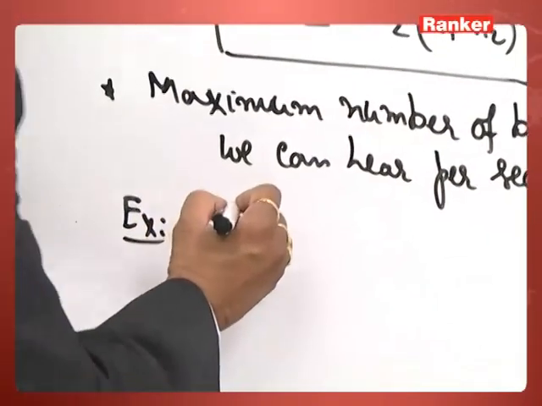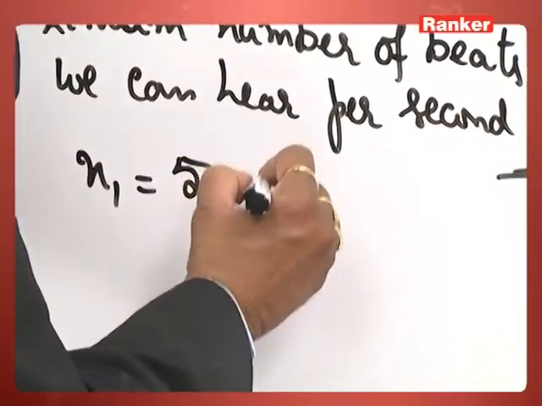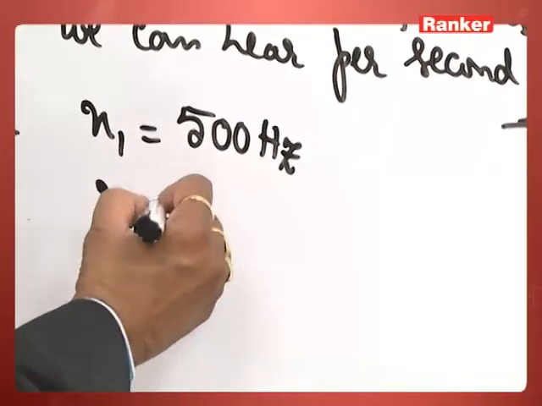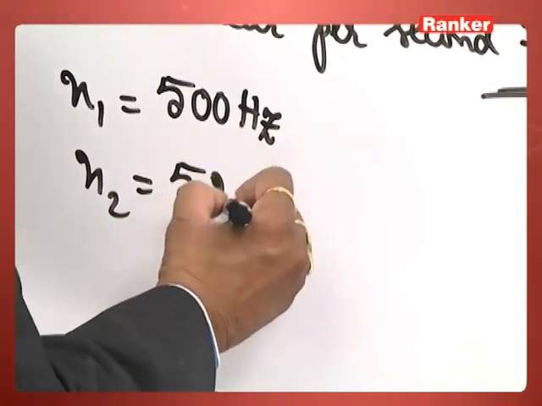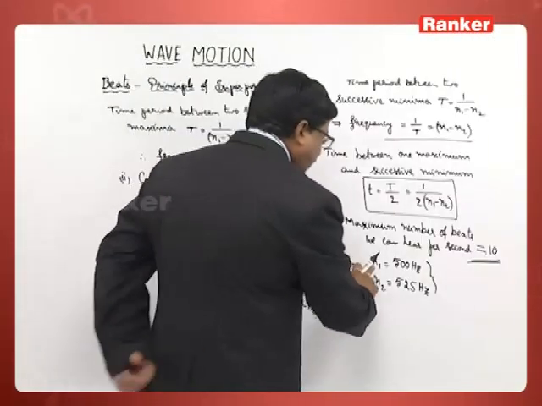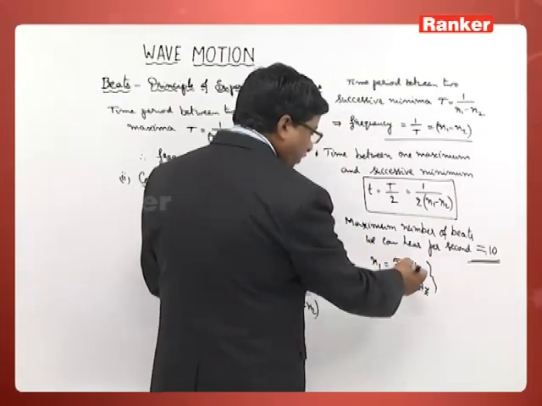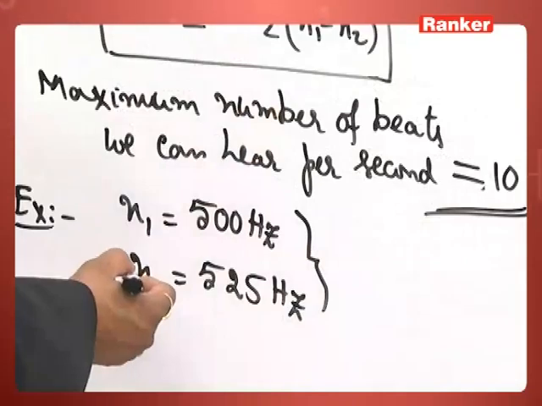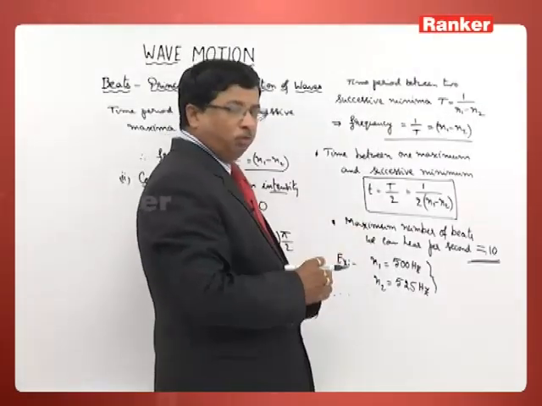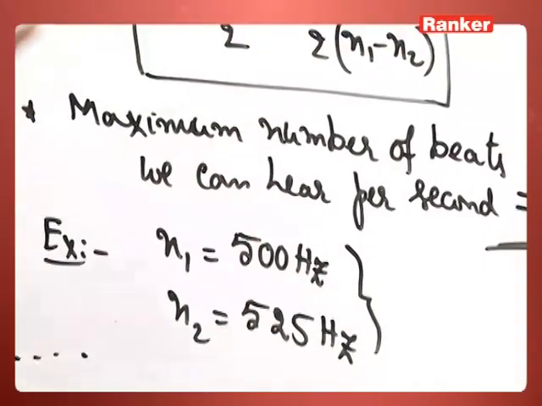One better example you can take for this. Suppose there are two different sound-producing sources. One has 500 Hz frequency and the other has 525 Hz frequency. These two are superimposing over one another to produce beats.